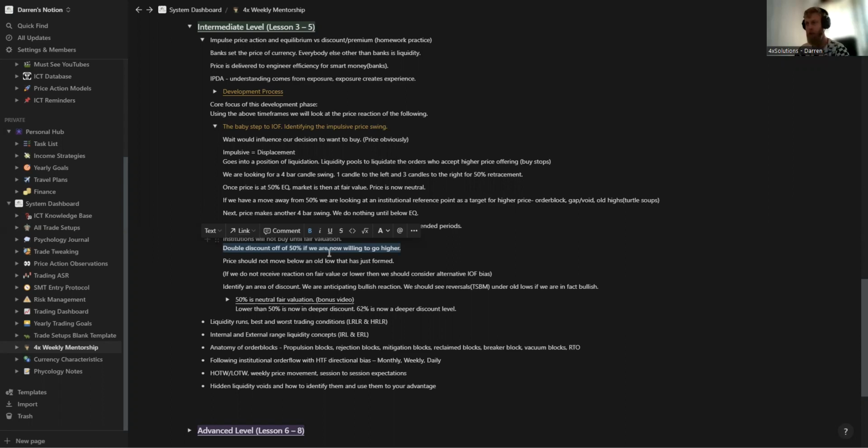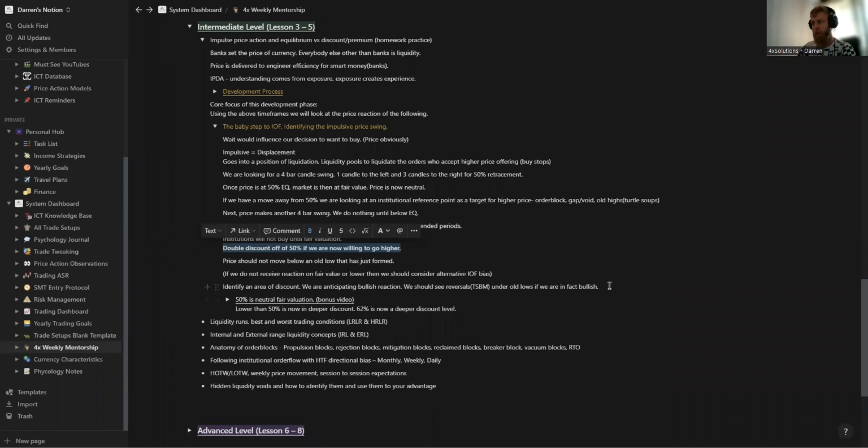Don't chop and change between the two. Stick with one throughout, but don't get too comfortable using only the wicks, because later on we'll learn why we should use the bodies instead.